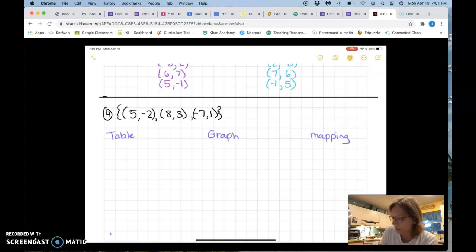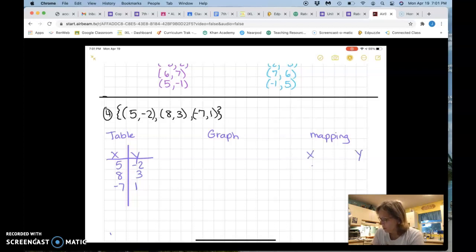Okay, so table, again, is your X and Y, where you're just writing the X's on this side and the Y's on that side. And then the mapping, I always do the mapping next. I don't know why, because I think in my brain it just goes with table. It makes sense to me.